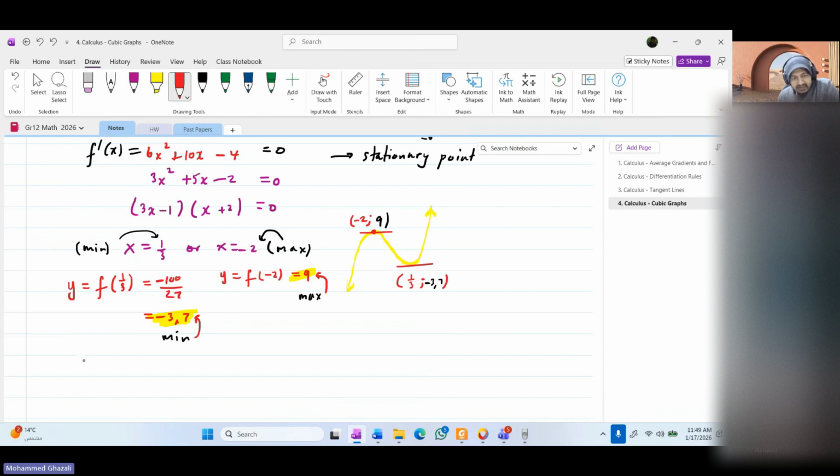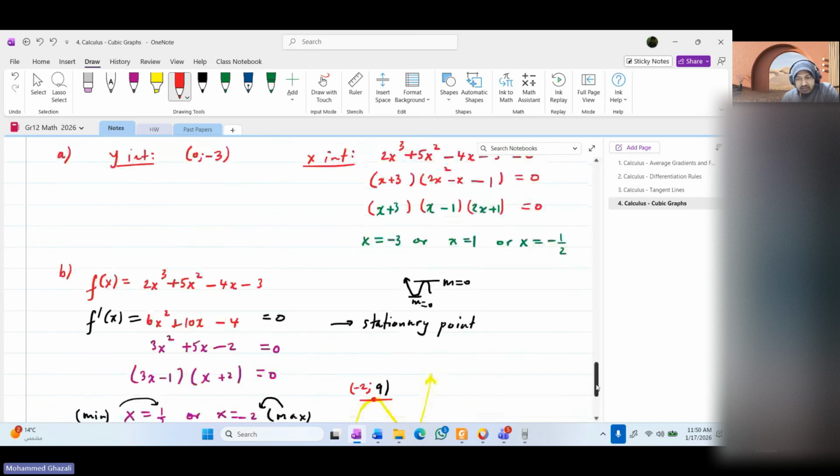So we can say critical values, stationary points. What are the stationary points? Stationary points is when f prime x is equal to 0, and that's giving me x equals 1/3, or x equals negative 2.